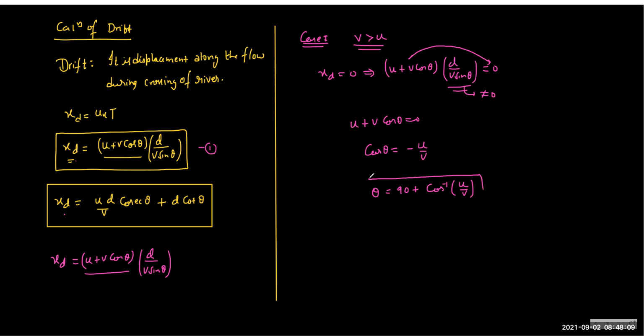This is the angle that you must make, which means if I denote the x and y axis again, instead of heading towards the right, you must head this way, and this is the angle. If you head this way, then you will exactly reach the opposite bank.